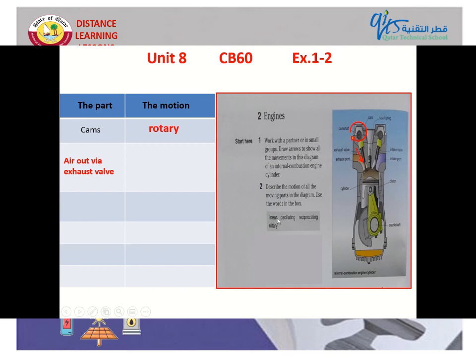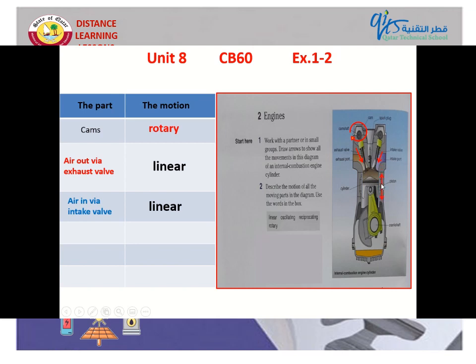So a movement in one direction is linear. And then we have the intake valve through which air gets in. And this is also a one-directional movement. So it's linear.